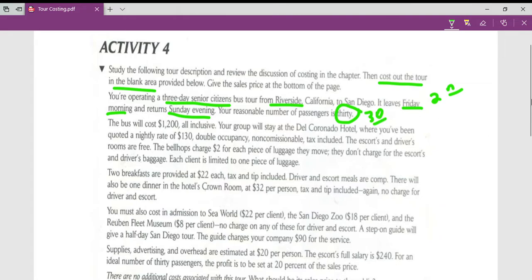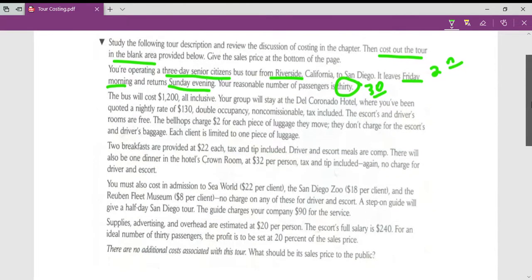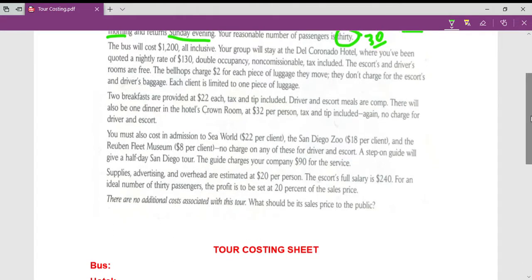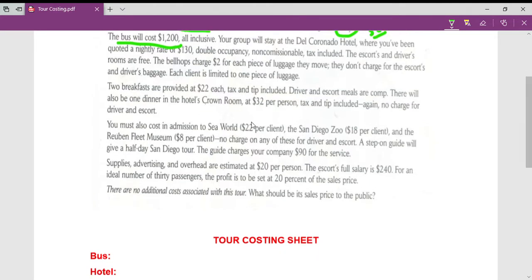Now let's quickly have a look at what the example says again. It says here the bus will cost 1,200 inclusive. So already we know that the bus will cost 1,200. Please excuse my writing, it's really difficult to write with this. This is what we refer to as a fixed cost. It doesn't matter how many people are going on that tour.